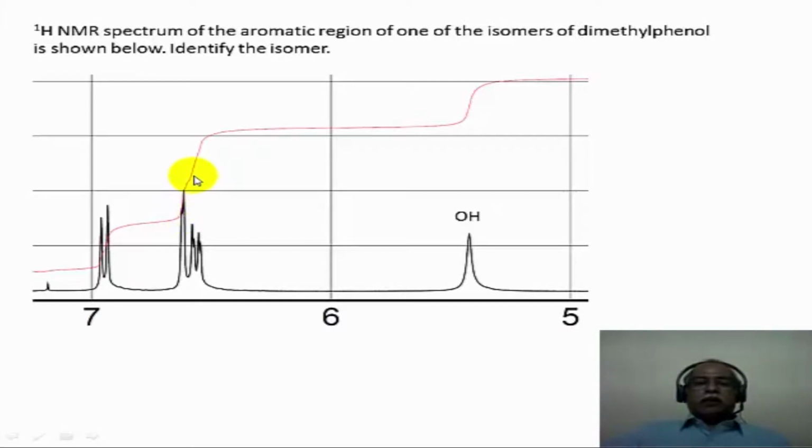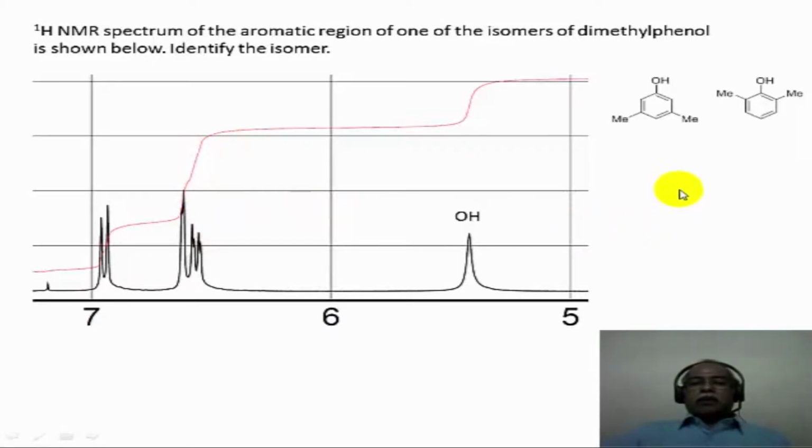Finally, there is a doublet which is sort of merging with the singlet, at a different chemical shift value, corresponding to 1 hydrogen intensity. Now this is a dimethylphenol, in other words a tri-substituted aromatic compound. So the remaining 3 protons are what is seen in the NMR spectrum in the aromatic region.